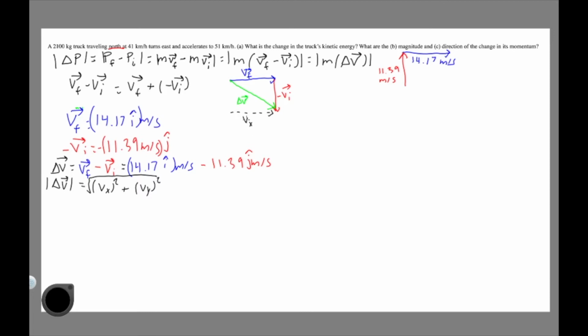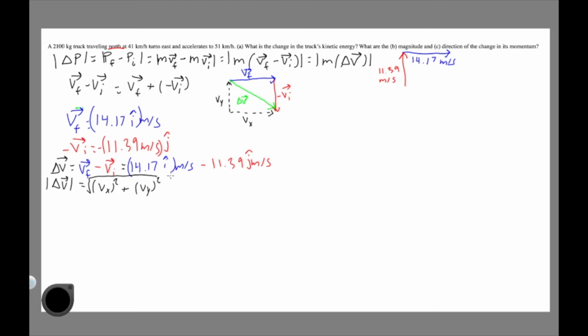So this is Vx. And Vy is going to be the projection of delta V along the y-axis. The length of Vx is going to be equal to the length of VF, our final velocity, and Vy is going to be equal to the length of negative VI.